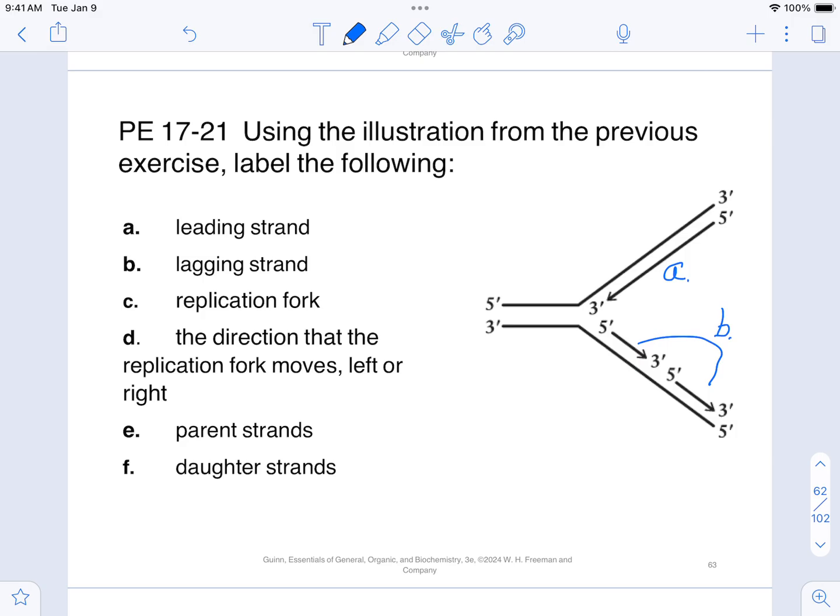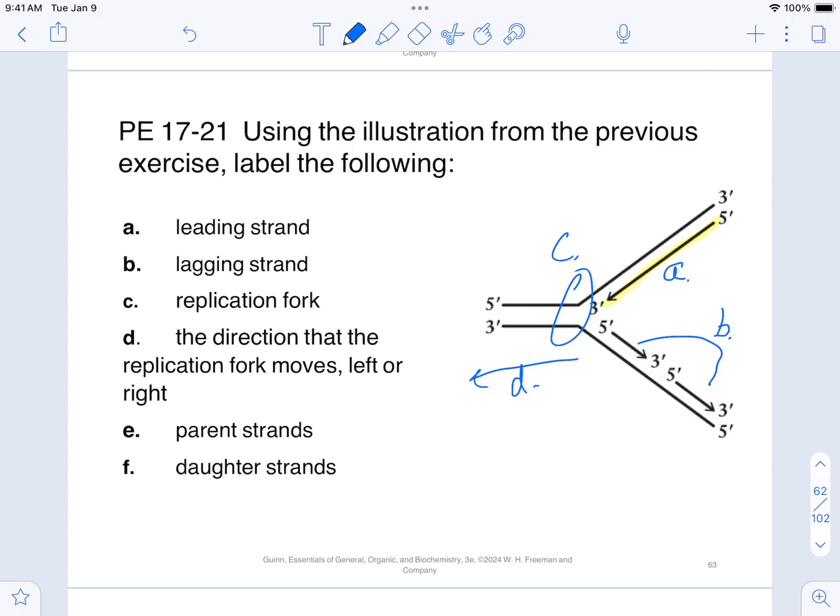Our replication fork is that area there. Direction that the replication fork moves, left or right? Remember, it's going to move in the direction that the leading strand is moving. Our leading strand is moving this way, so the replication fork is going to move that way, to the left. Sorry, that should be letter D.